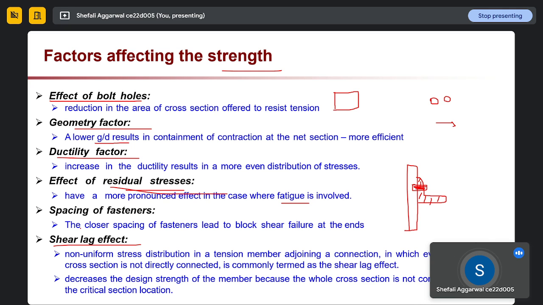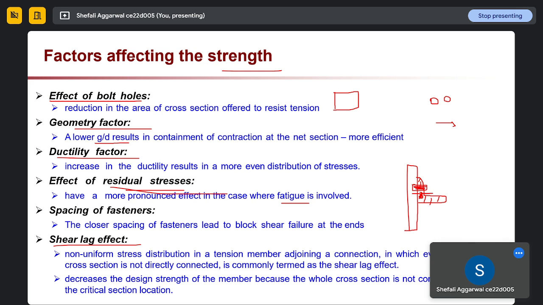Because of this shear lag, the strength of the complete element will decrease because our complete cross-sectional area is not effective at the critical section. If we say this is our L section and this is our CG point, because of our connection, our CG point will change from the center point.